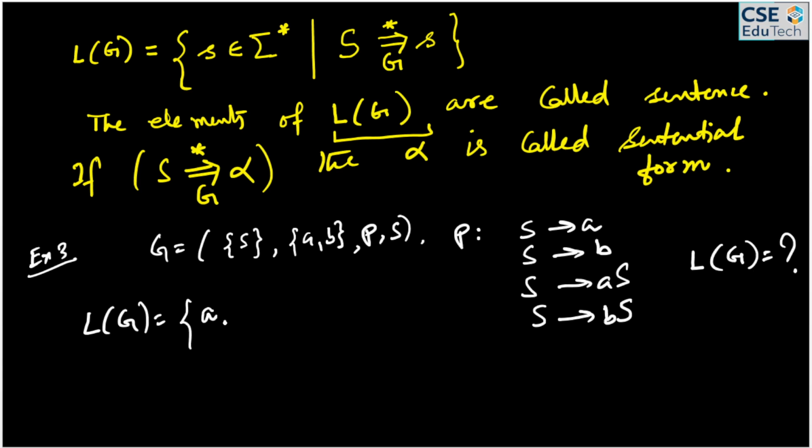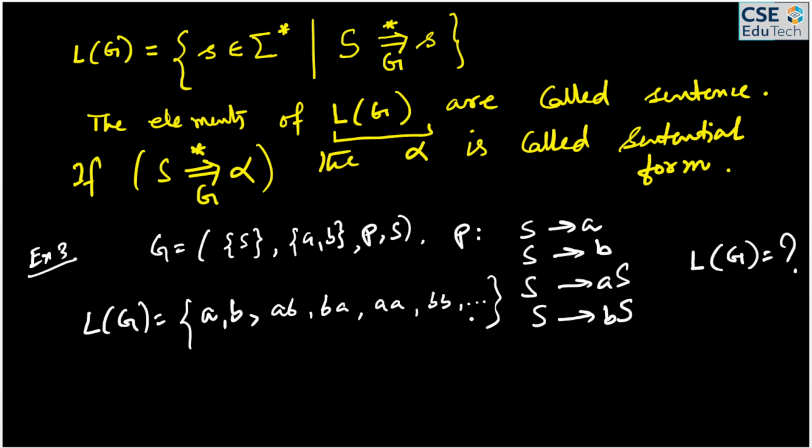So a, b, and now if we put S here, that will be ab. If we put b, and in this case if we put a instead of b, it will be ba. And if we put a again, then it will be aa, bb, and so on. These are basically the pattern.